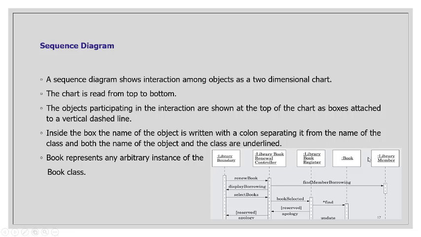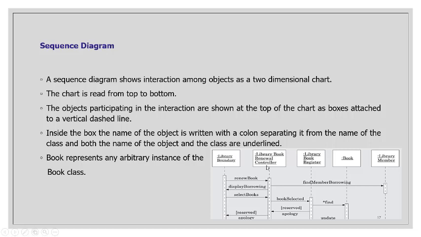Inside the box, the name of the object is written with a colon separating it from the name of the class. So first the name of the class should be written, then a colon, and then the object of the class. Here all the object names are shown, the class names are not shown.